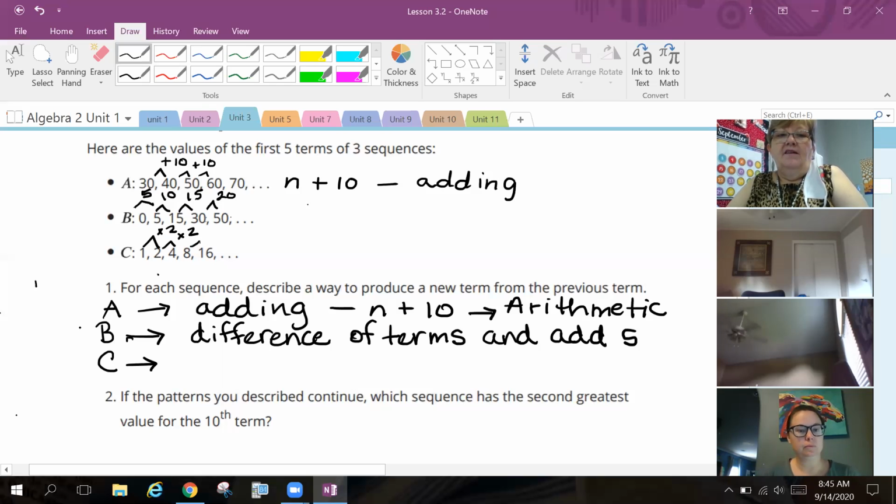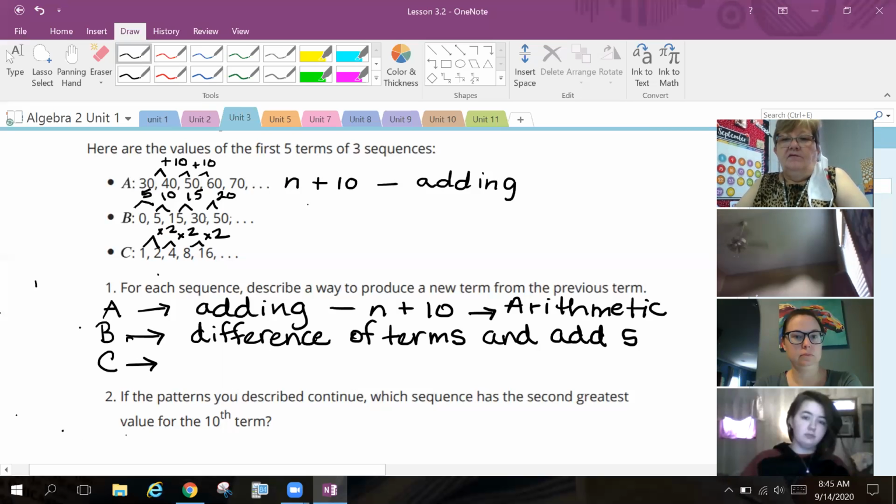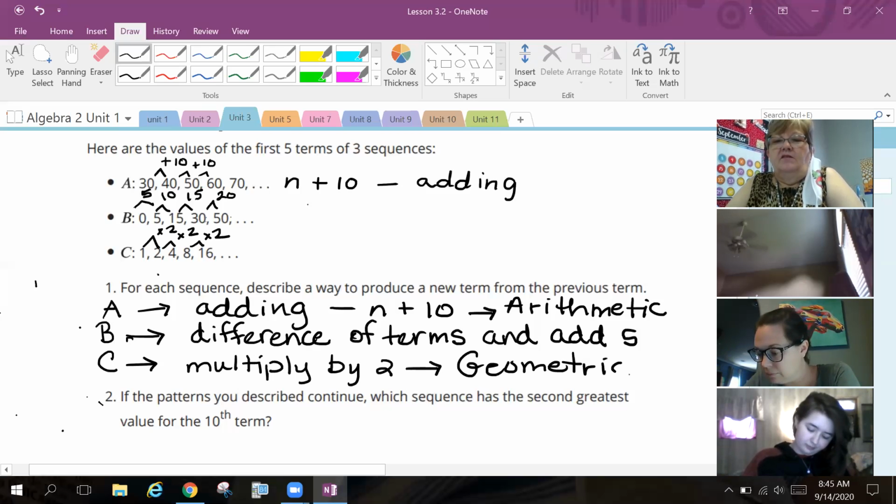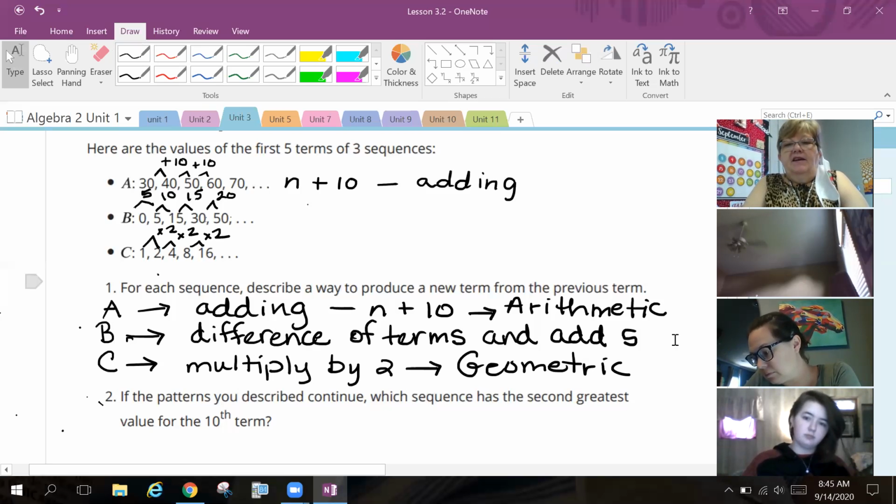So on letter C, multiply by 2. Now, what kind of sequence would C be? Geometric, wouldn't it? Because you're multiplying by the same growth factor. So C is geometric. A was arithmetic and B was neither.